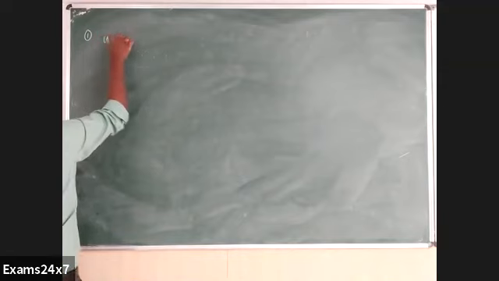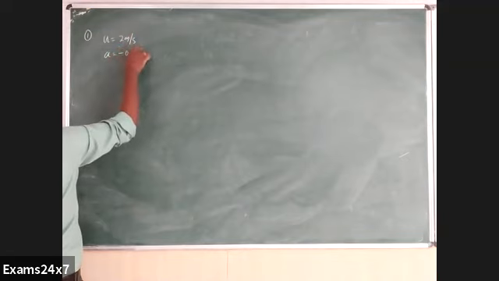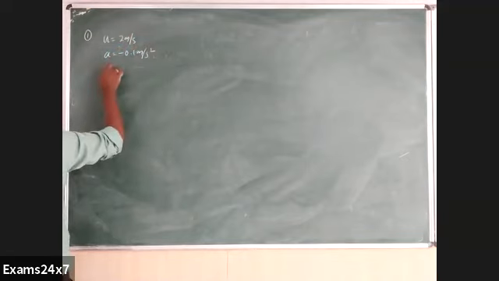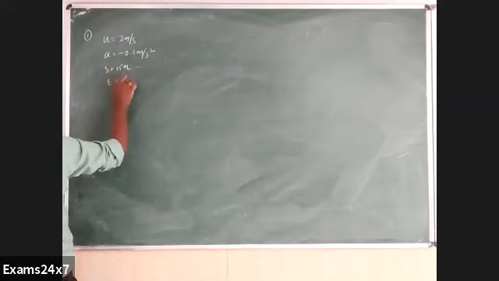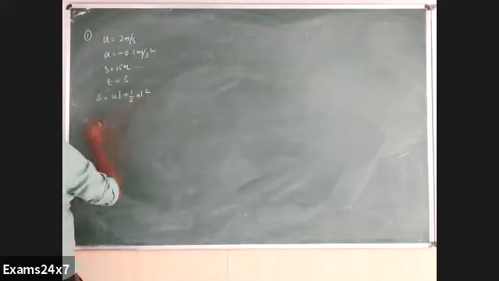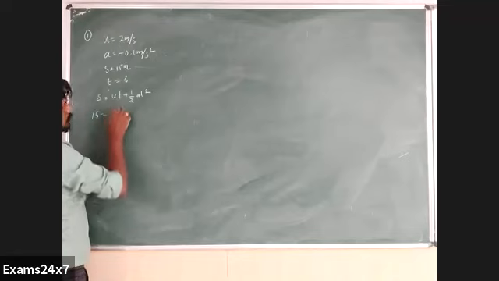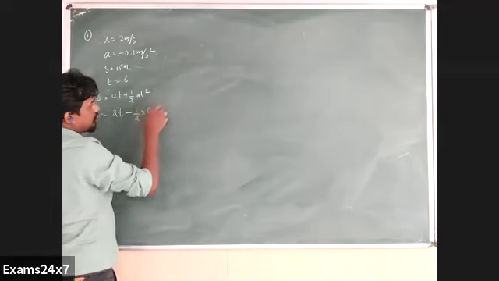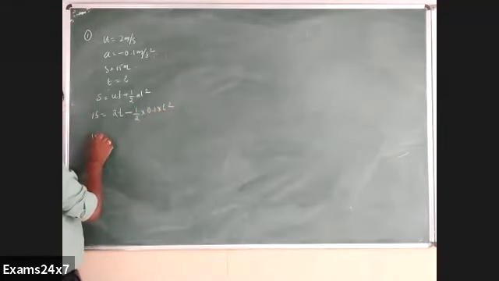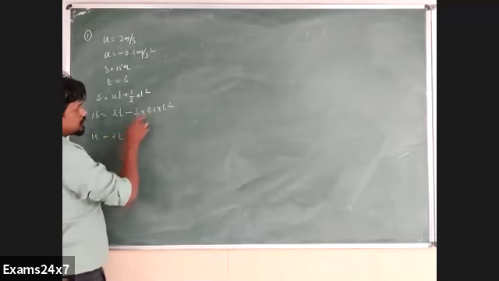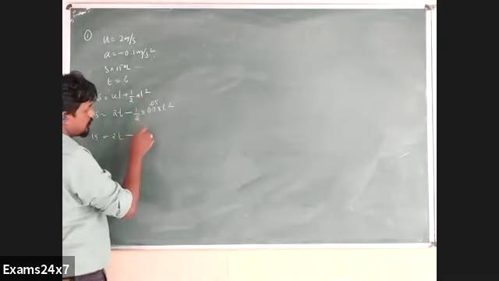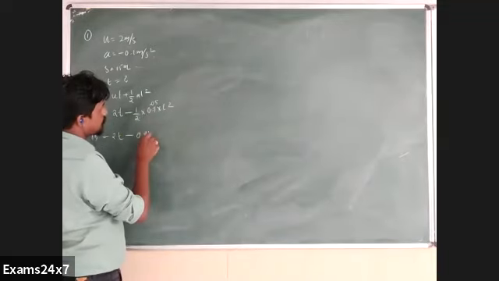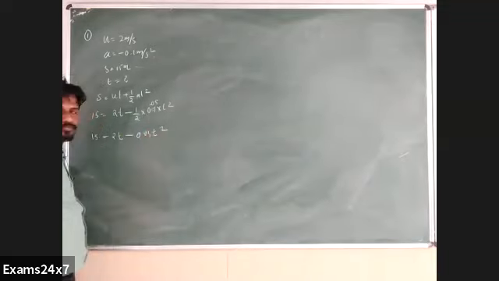u is 2 meter per second. Acceleration is minus 0.1 meter per second square. Displacement traveled is 15 meter. Time. S is equal to ut plus half at square. 15 is equal to 2t minus half into 0.1 into t square, that is 15 is equal to 2t minus 0.05 t square.